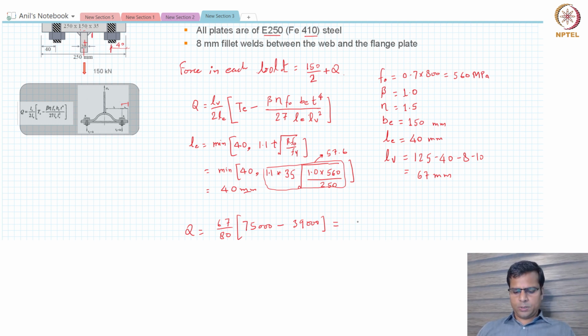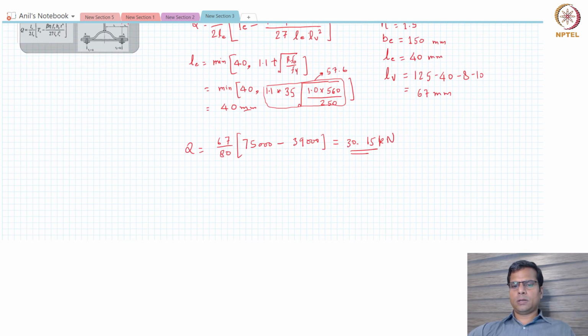And this turns out to be 30.15 kilonewton. So you might realize the original force without the prying action was 75 kilonewton. Now that force has increased by 30.15 kilonewton.